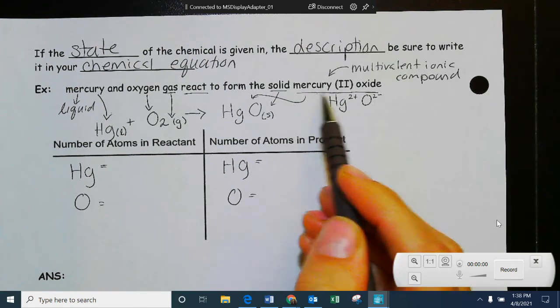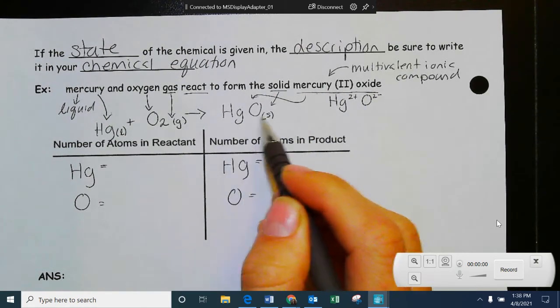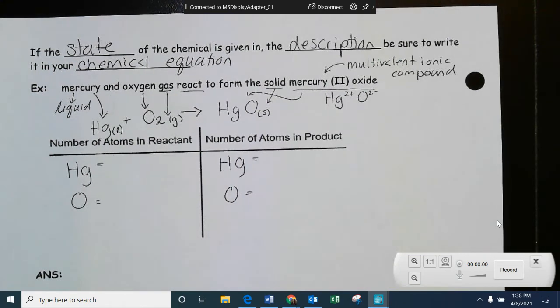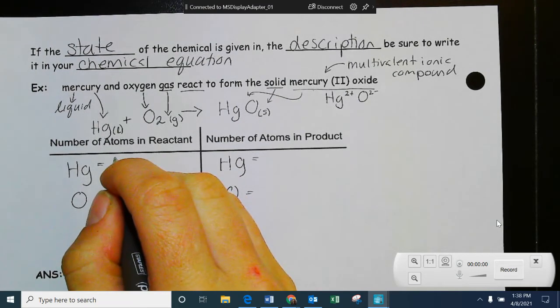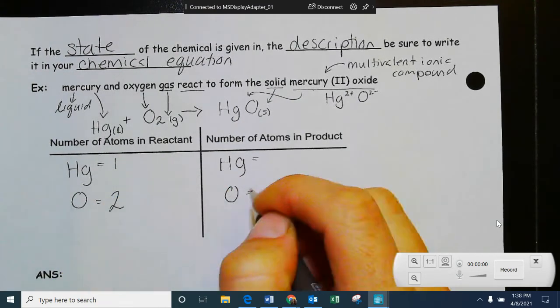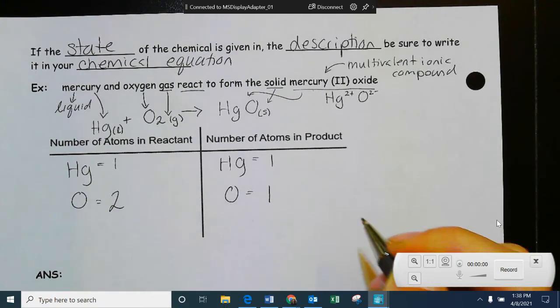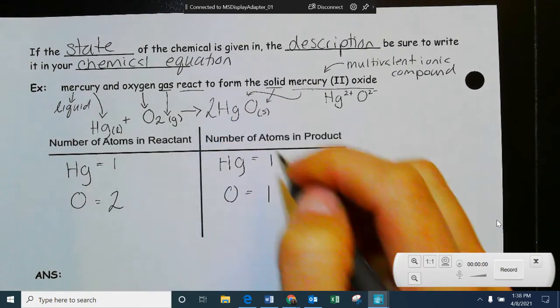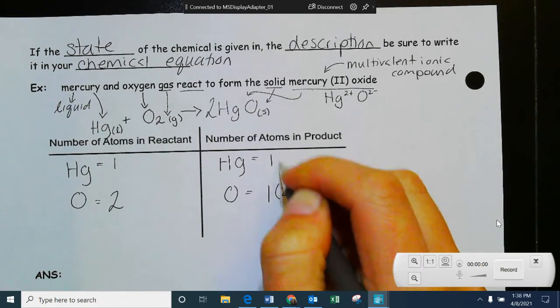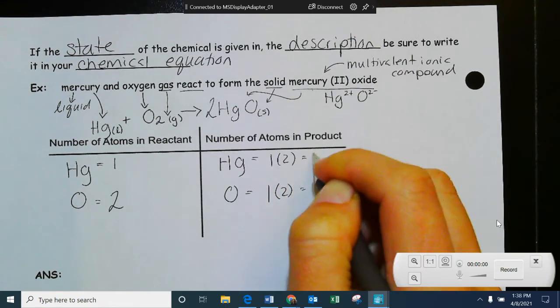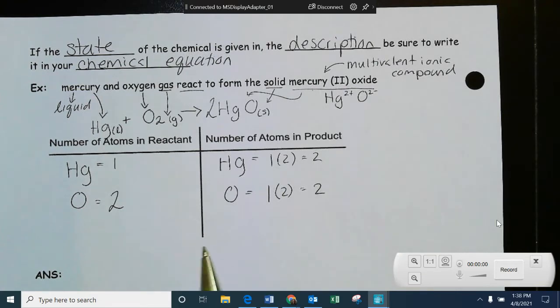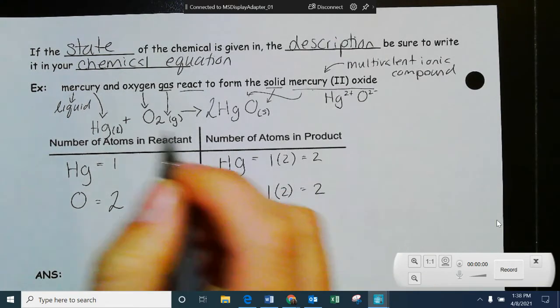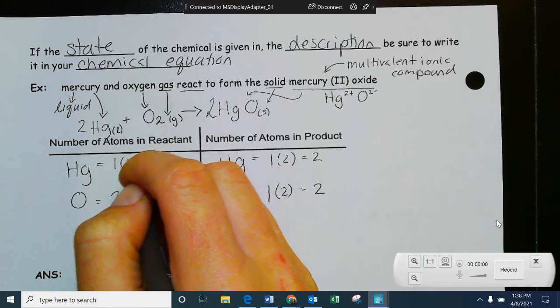So mercury 2 oxide is one compound, so the whole compound is a solid. So the state just goes at the end of the compound. So we've got 1, 2, 1, 1. So we're just going to put a 2 here, and a 2 at the mercury.